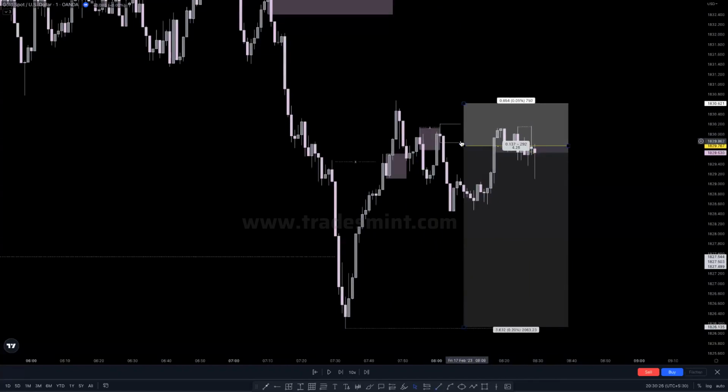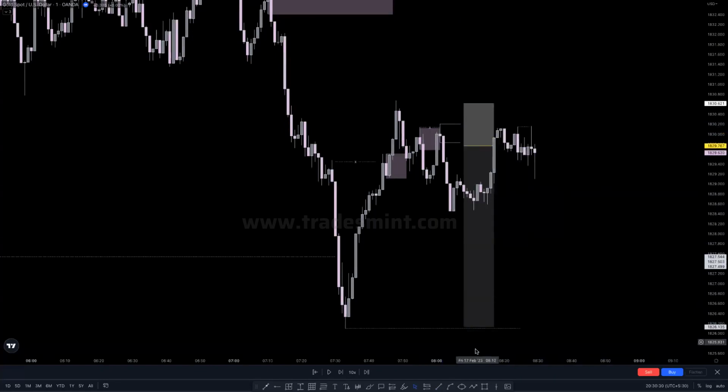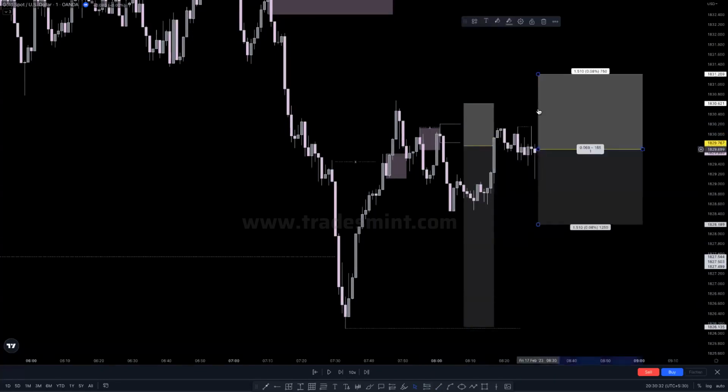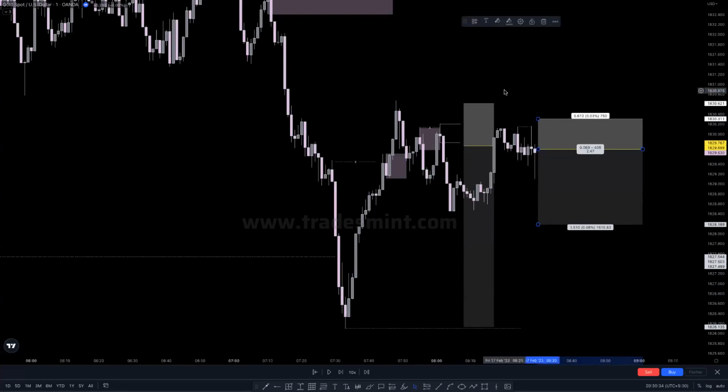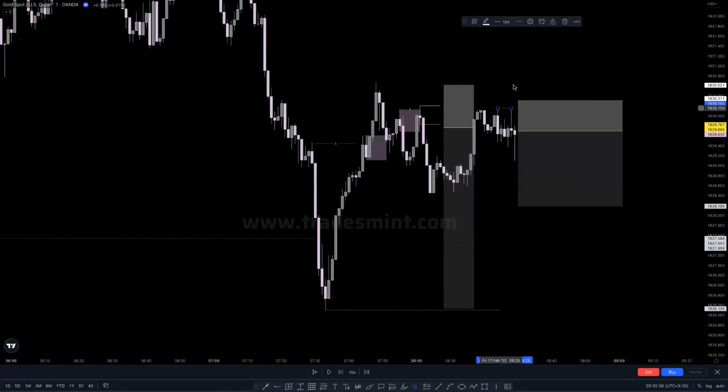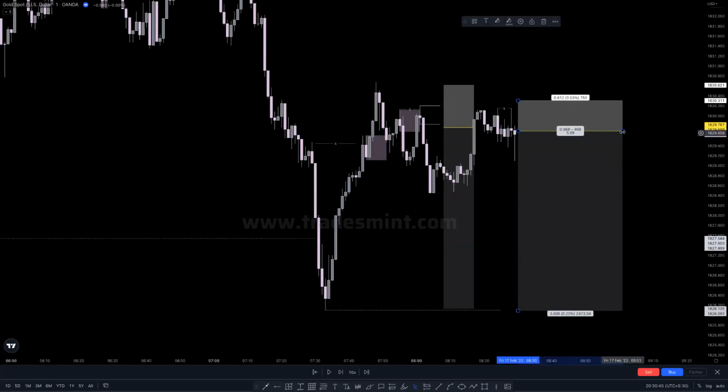Sweep here, because on a PD array, you can simply take another entry based on the single candle order block, with the stop loss just above it, because this high was taken out by this candlestick, and the target is here, right?